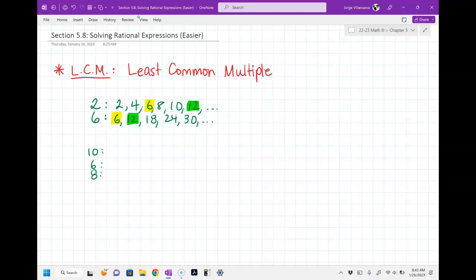So you see how I have 10, 6, and 8? Always start with 10 and then say, okay, multiples of 10. Well, multiples of 10, 10. Does 6 go into 10? No. Next multiple, 20. Does 6 go into 20? No. 30. Does 6 go into 30? Yes. But does 8? No.